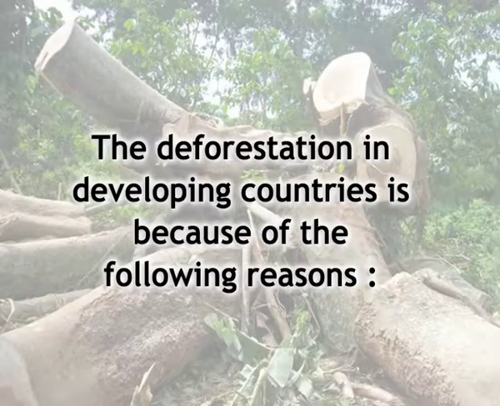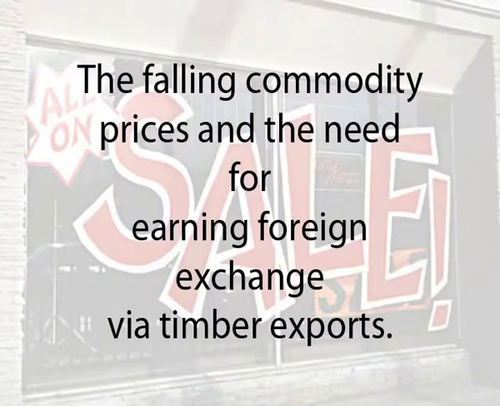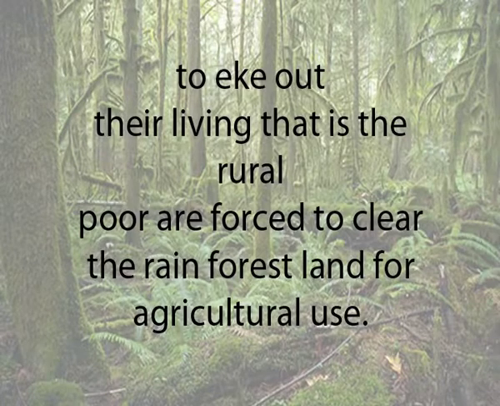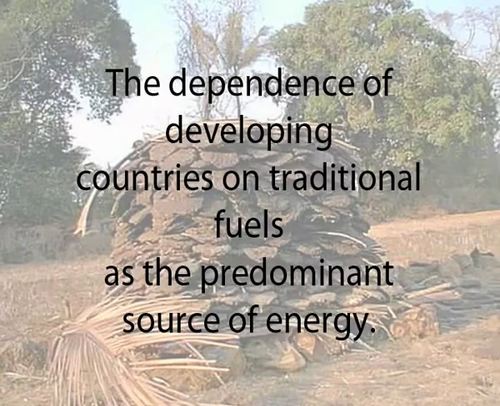According to Michael P. Todaro, carbon dioxide in developing countries is generated through burning of vegetation to clear new land, and the deforestation in developing countries is because of the following reasons: the falling commodity prices and the need for earning foreign exchange via timber exports; economic stagnation in developing countries forcing the rural poor to fall back upon agriculture to eke out their living, that is, the rural poor are forced to clear the rainforest land for agricultural use; and the dependence of developing countries on traditional fuels as the predominant source of energy. So, these were the main reasons.